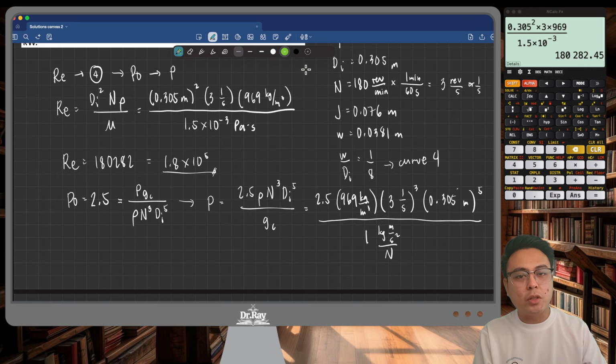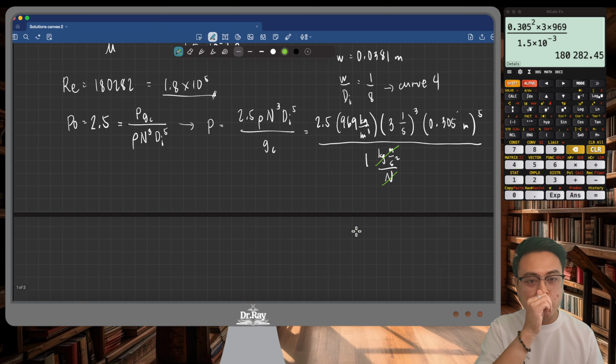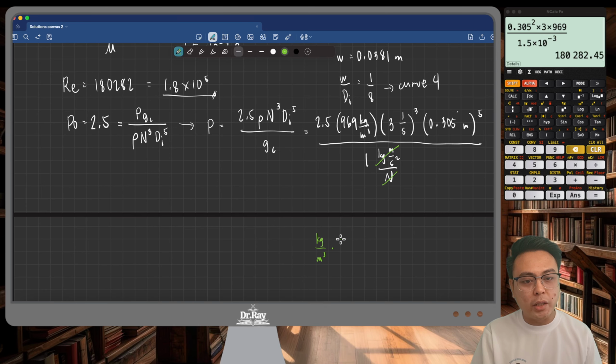So right now, this is not important because this will just cancel out. But for the remainder of the terms, take a look at what will happen to your units. So you have kilogram per cubic meter and then per second cubed. Remember, this is raised to 3. And then times meter to the fifth.